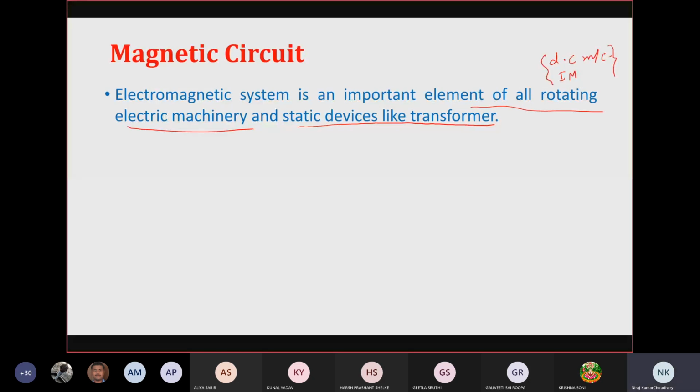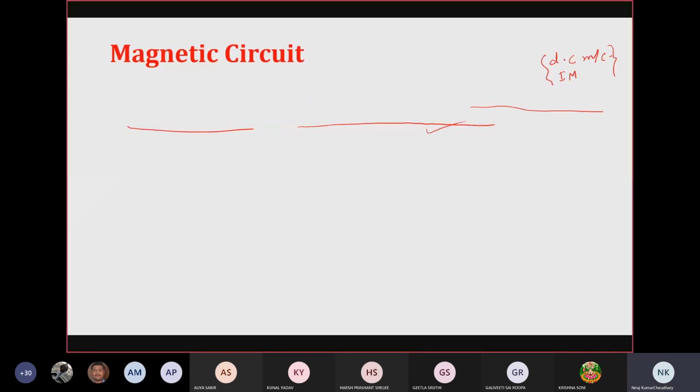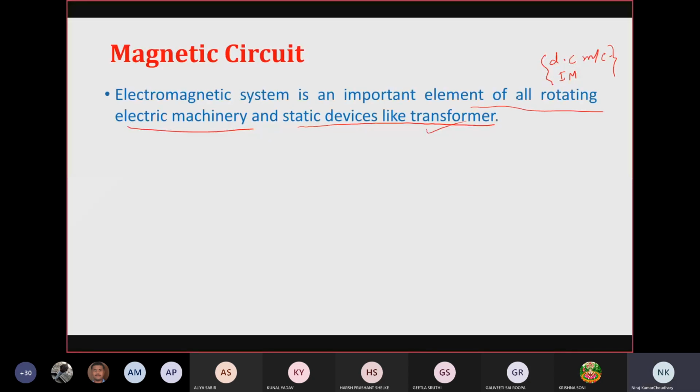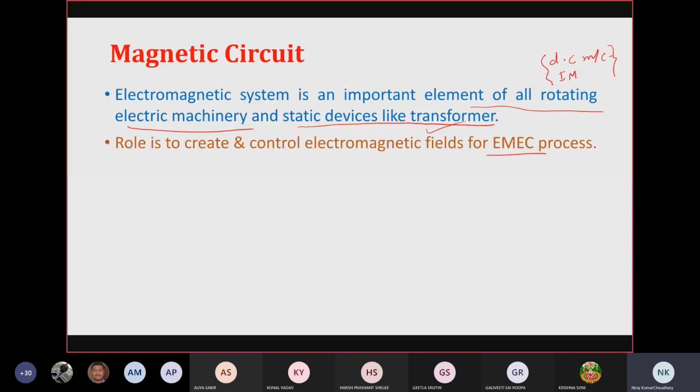So the electromagnetic system is basically a compulsory aspect in all such rotating machines, as well as in a static device like a transformer, right?